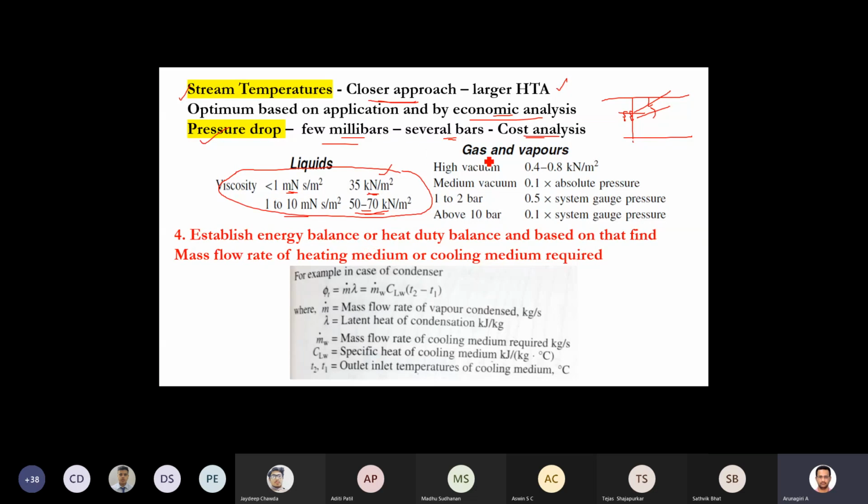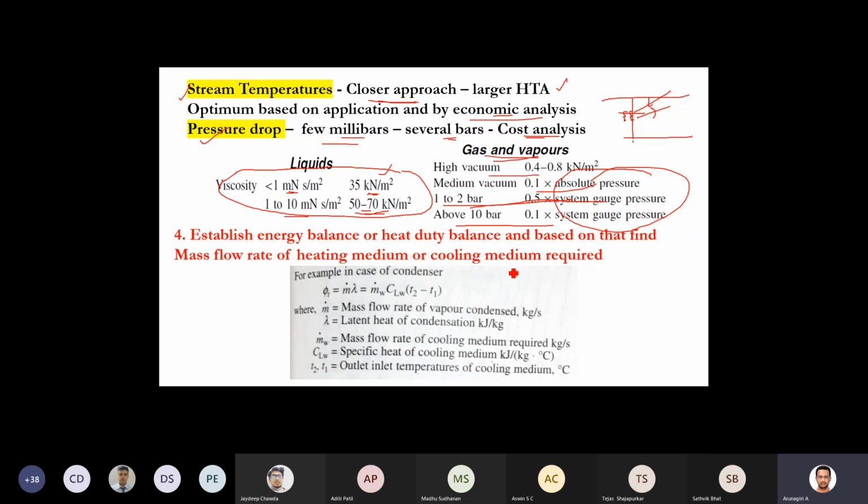Okay. So if it is gas and vapors, then it depends on the pressure. Your permissible pressure drop depends on your pressure conditions. For 1 to 2 bar, normally it will be 0.5 times the gauge pressure. For above 10 bar, it is 0.1 times the operating pressure. Then for medium vacuum, it will be 0.1 times the absolute pressure.